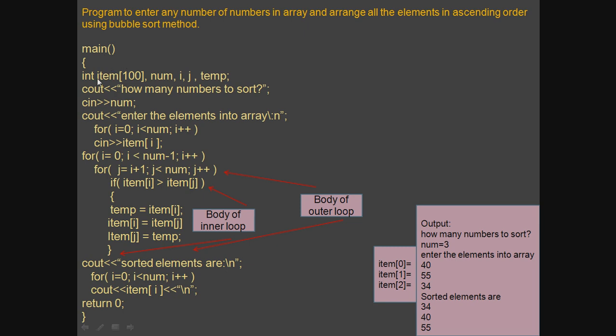As you can see in this program, you have declared an array called item, and the index size is 100, right? The index size may be 100, but in this program, as you can see, I have only entered three values. That means it has used only 3 array elements.